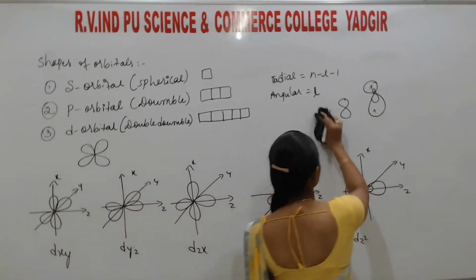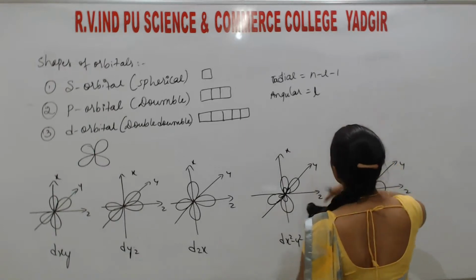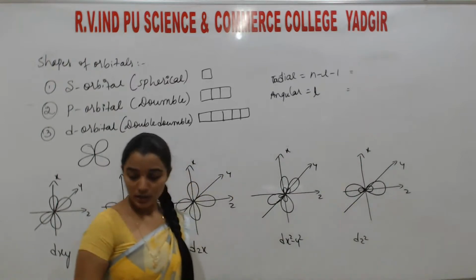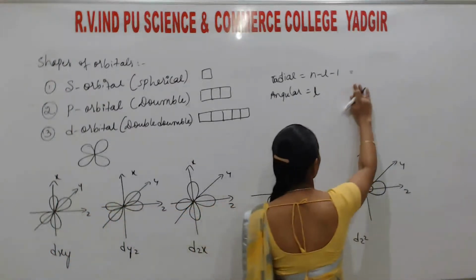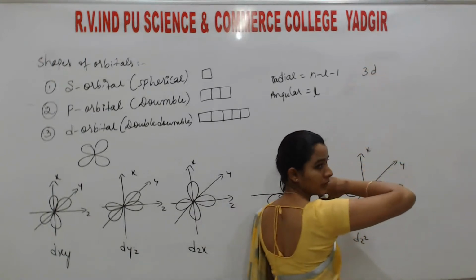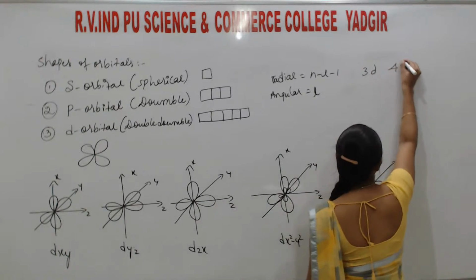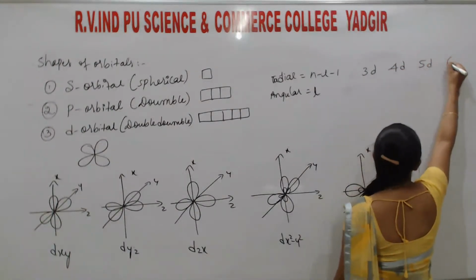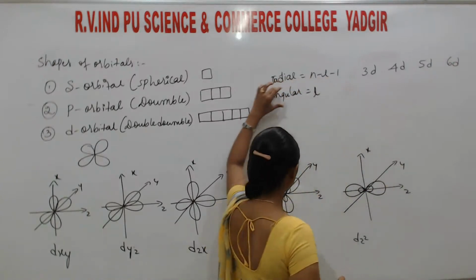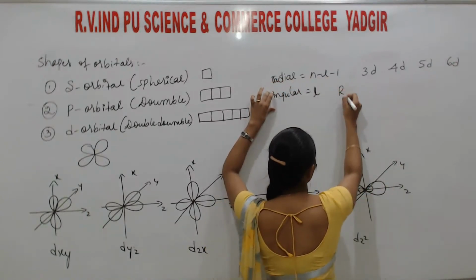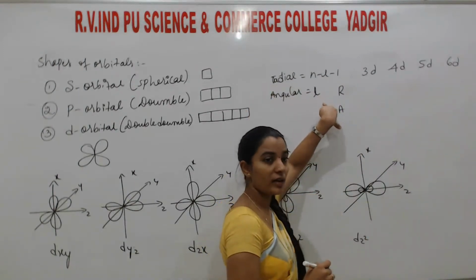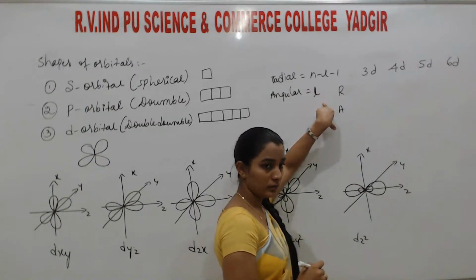So students, if we consider the radial node and the angular node here. Okay? The d orbitals start from where? From 3d, correct? 4d, 5d and 6d. Only 4 series are there. For angular node, we have to write radial as well as angular here. Angular node is equal to how much? L. What is the L value for d orbital? 2.